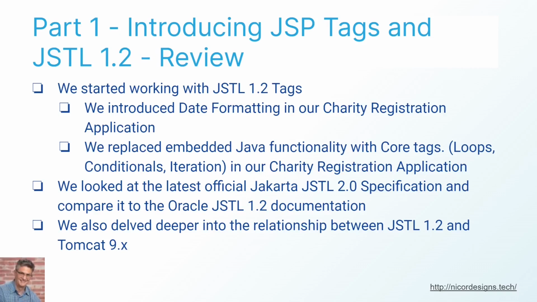And we also looked at the official JSTL 2.0 specification and compared it to the Oracle JSTL 1.2 documentation. And then we also looked into the relationship between the JSTL 1.2 tags and Tomcat 9.